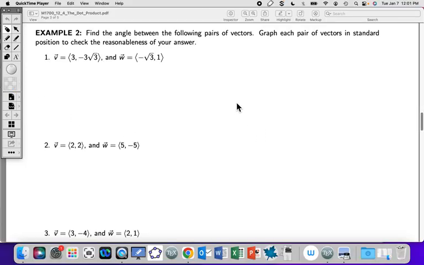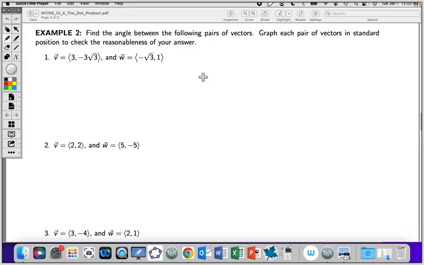Example 2: find the angle between the following pairs of vectors. Graph each pair of vectors in standard position to check the reasonableness of your answer. To get the angle between two vectors, I need three things: the dot product and the magnitude of each of the vectors. So let's start off.